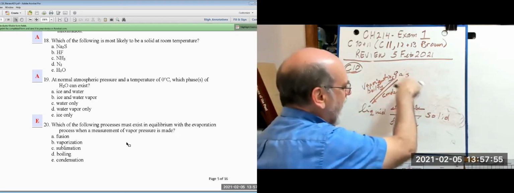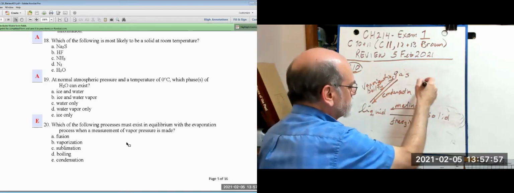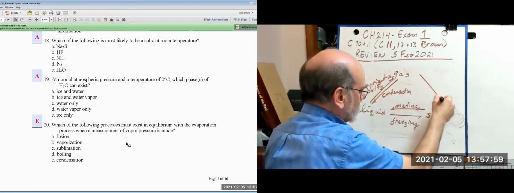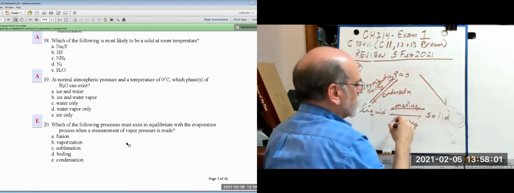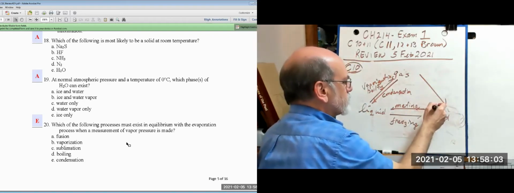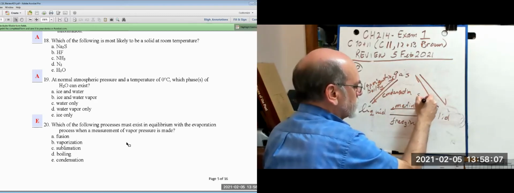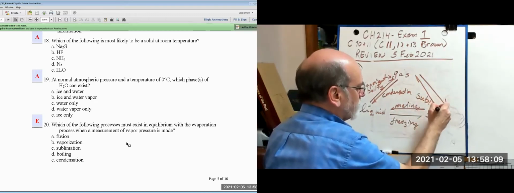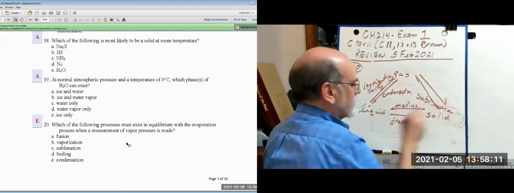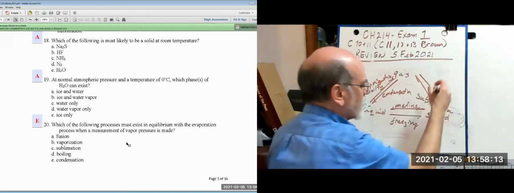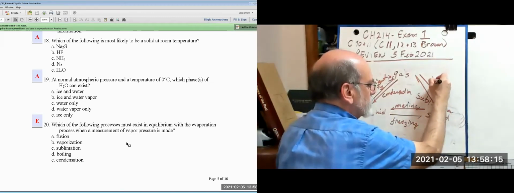If you go from gas to solid, well, let's go the other direction first. Solid to gas is called sublimation. And if you go from gas to solid, it's called deposition.